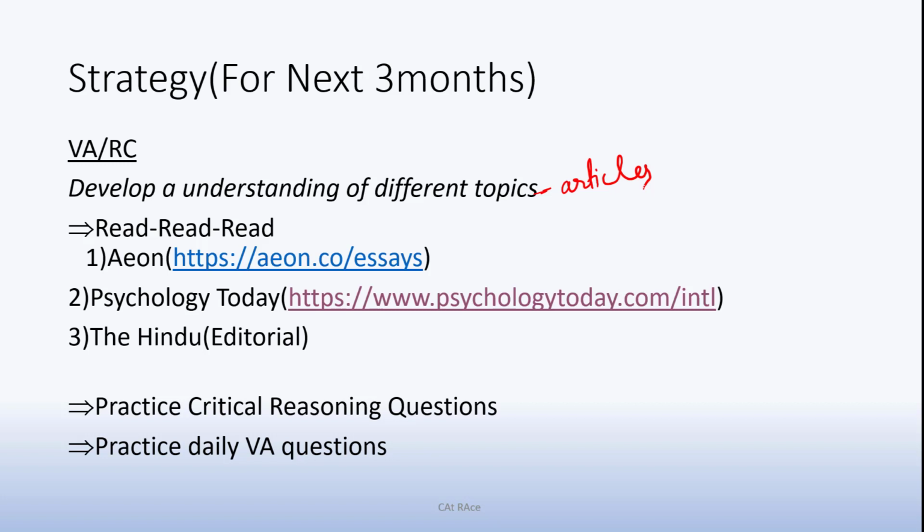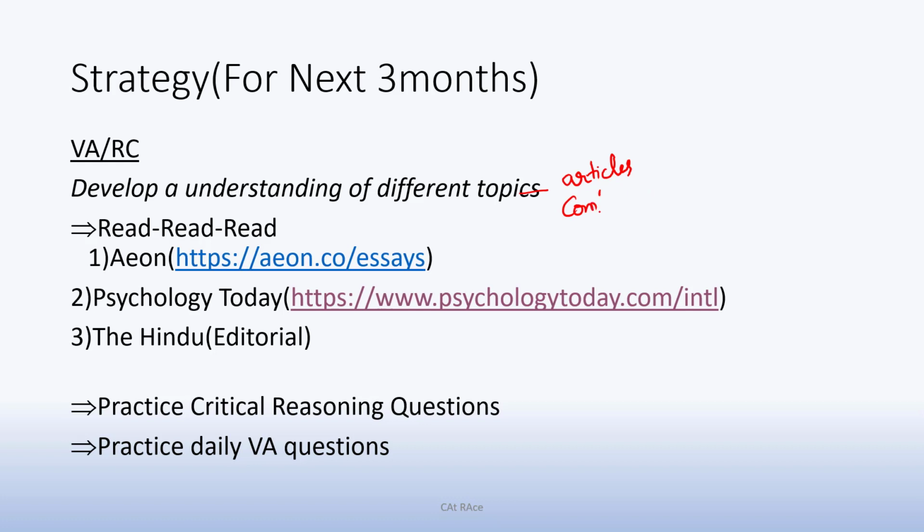You should have a basic understanding of topics related to that, and you should understand what is written there. Comprehending power is very important. You should be able to understand, and this will help you solve the questions very easily.